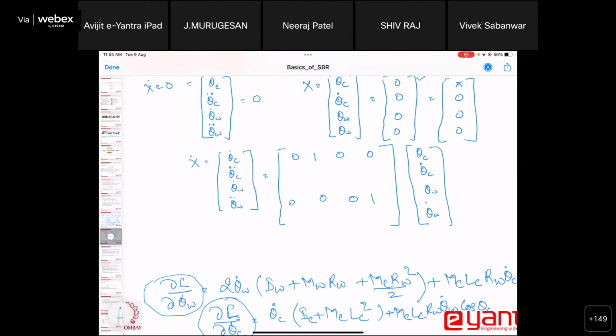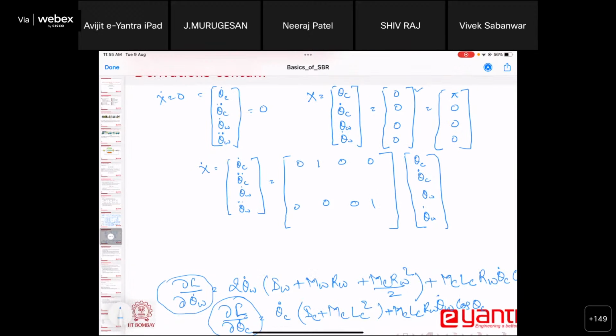Now this theta c double dot and theta w double dot, you will have to find out using the equilibrium point. That is del theta c double dot divided by del theta c, del theta c double dot divided by del theta c dot, del theta c double dot divided by del theta w, and del theta c double dot divided by del theta w dot.